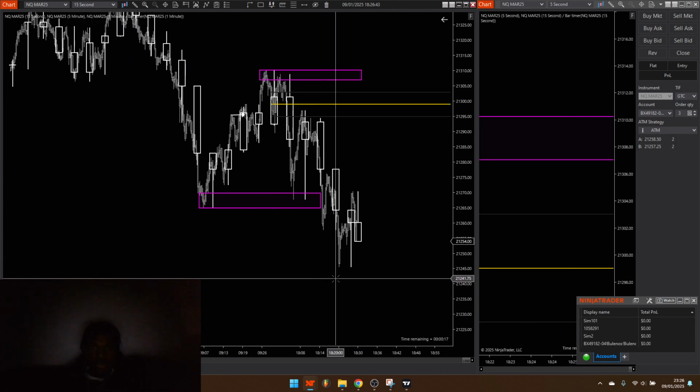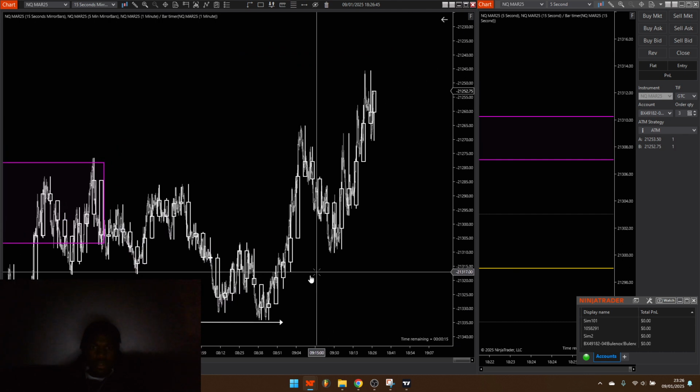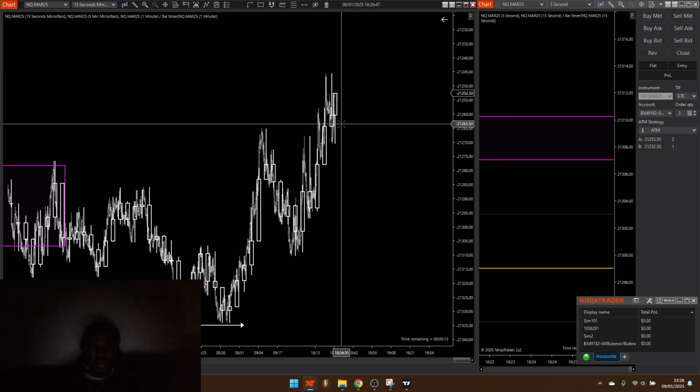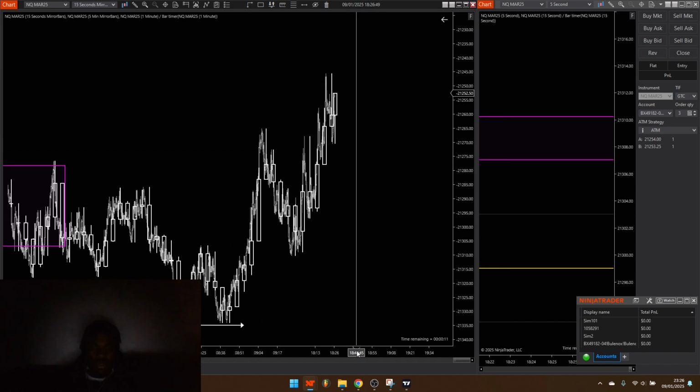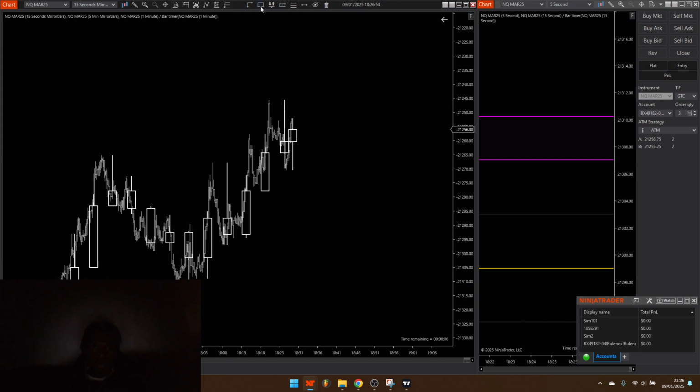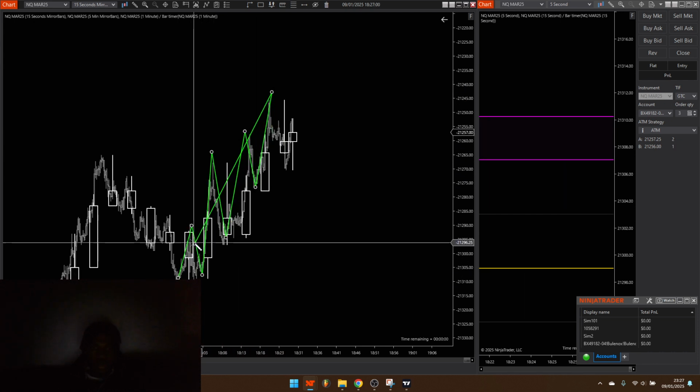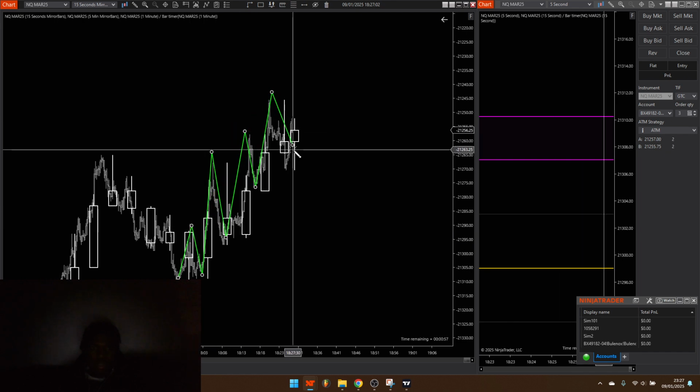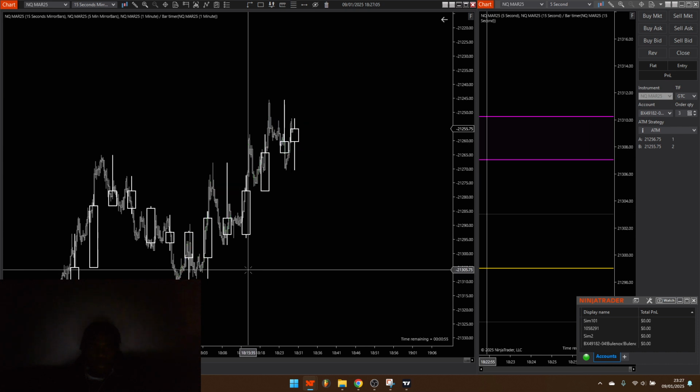If I were to check things from an inverted perspective, we're clearly trending up, so we're trending down, really. I see one, two, three, so we could see that reversal.